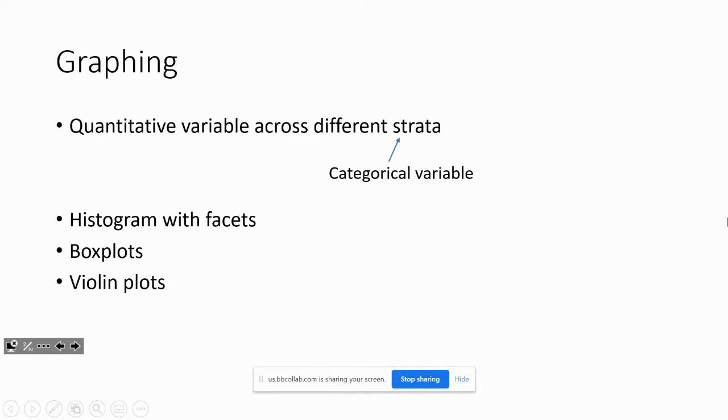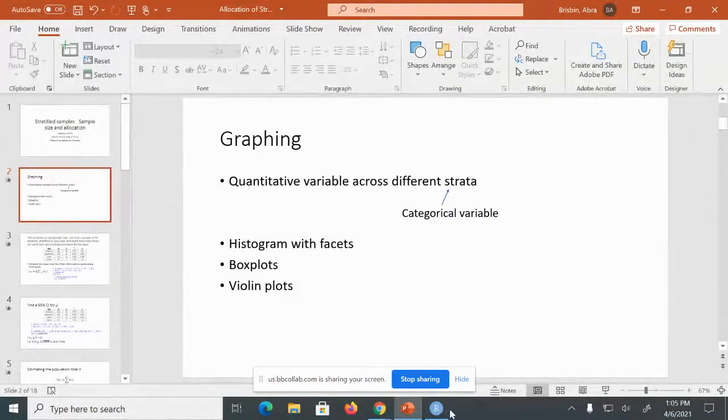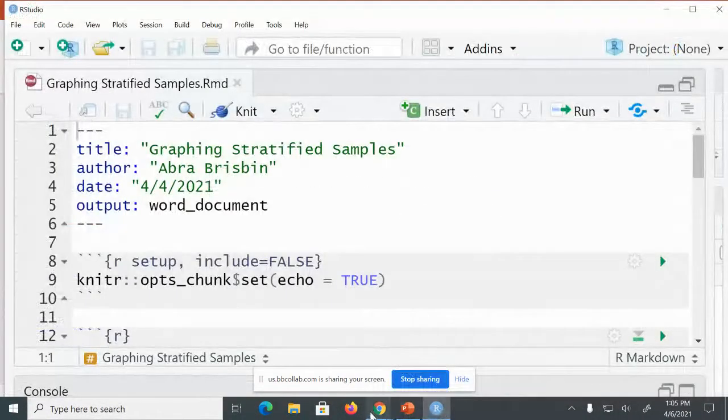And finally, a graph type that you may not be as familiar with is a violin plot, which is similar to a box plot in showing a simplified view of the data, but it can show a bit more detail about the distribution. All right, so let's look at how to make all of these in R.